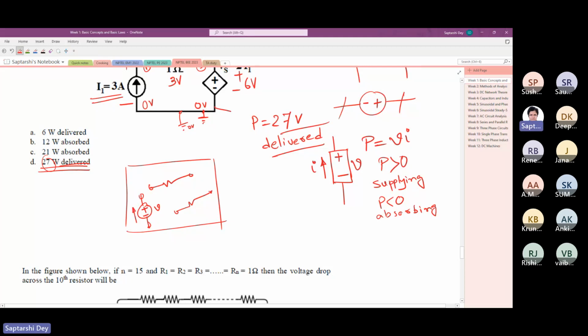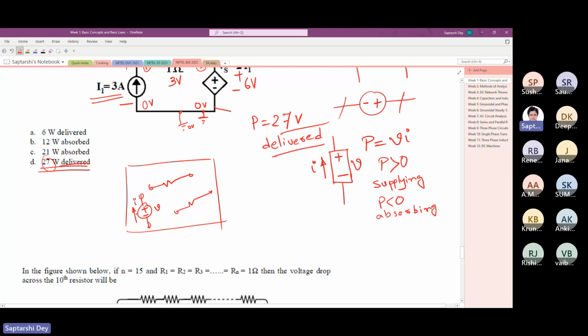I can assume it like this. Someone else solving this problem can assume it the other way around also. It doesn't matter. Then the resultant value of P will decide if the element was supplying or absorbing power.